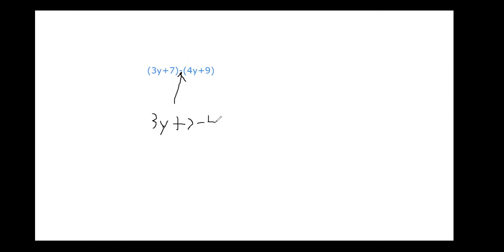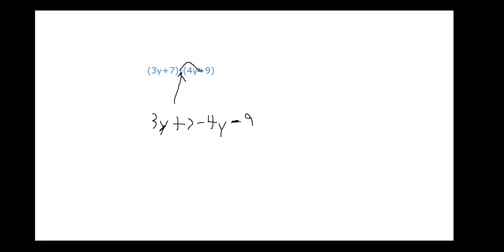So it becomes minus 4y. But then people get confused, and because it's a minus and this is all in parentheses, they just leave it as a plus. But what you have to remember is, because it's in parentheses, everything that's in the parentheses is affected by the minus. So this, instead of being a plus, is going to change to the opposite, and it's going to become a minus. So then this becomes minus 9.